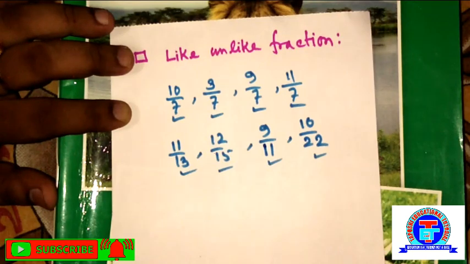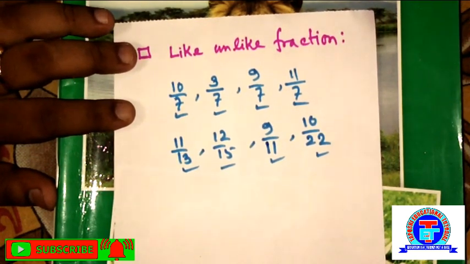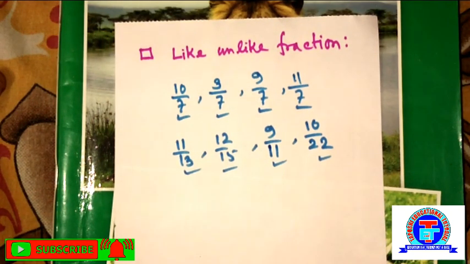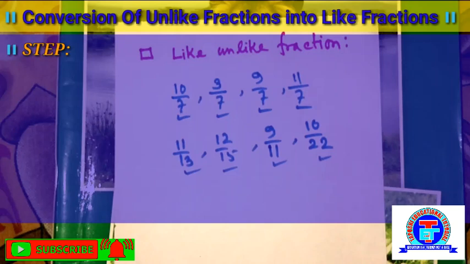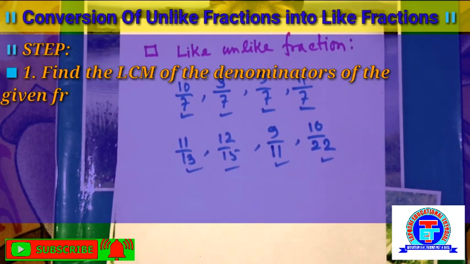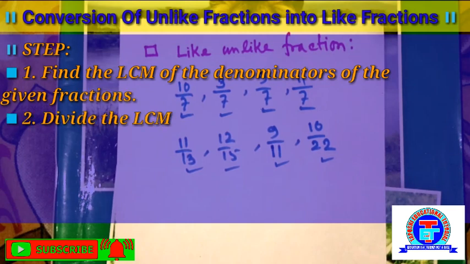Hope you understand. Now conversion of unlike fractions into like fractions. Follow the steps given below to convert unlike fractions into like fractions. Step number 1, student, find the LCM of the denominators of the given fractions.